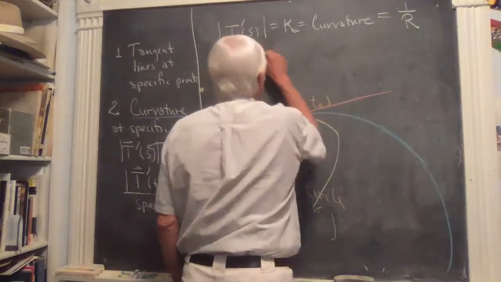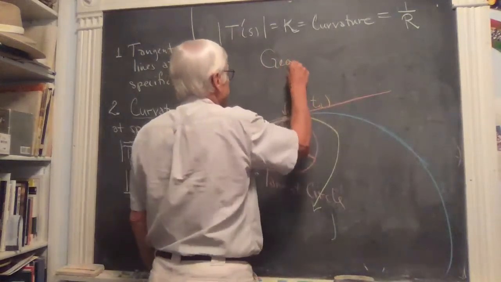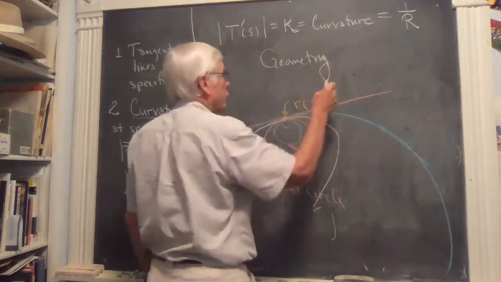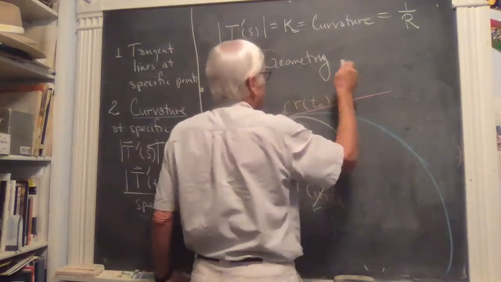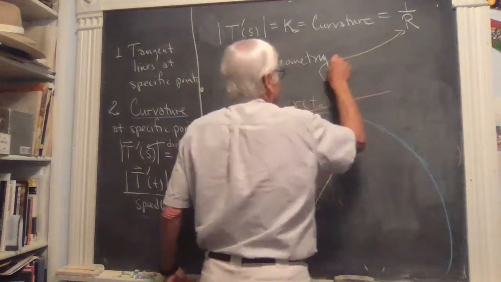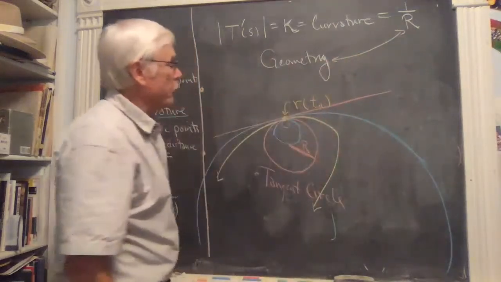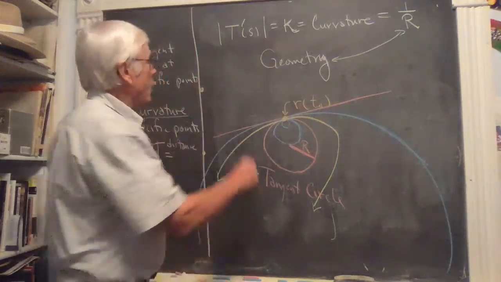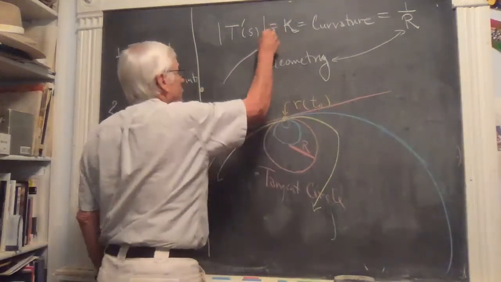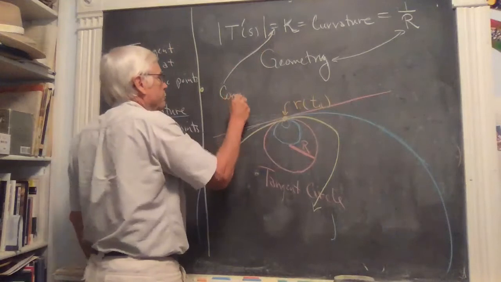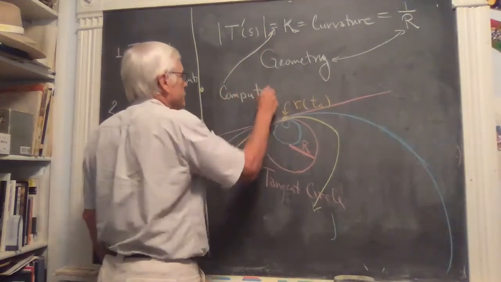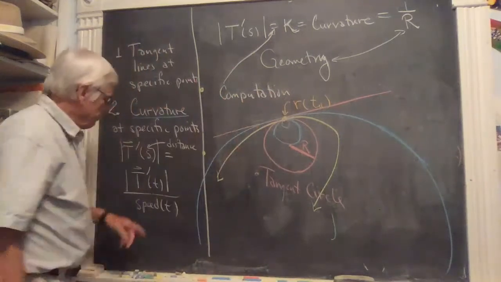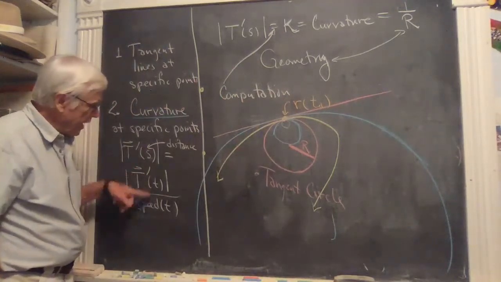So this is the geometry that we're interested in understanding or finding, this curvature or the radius or some measure of this curvature. And we're also interested in how to compute it. And this is our computation. And this is done point by point, but it's done via this function.